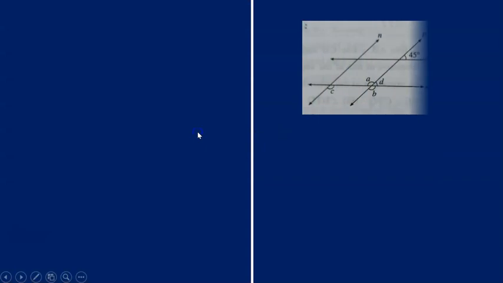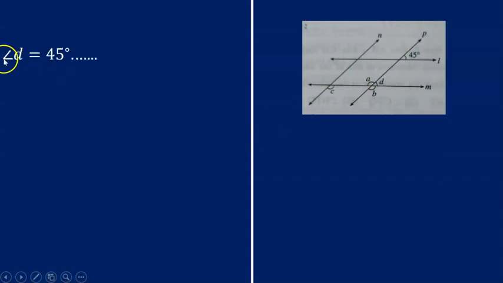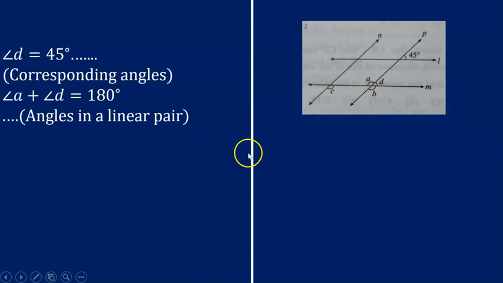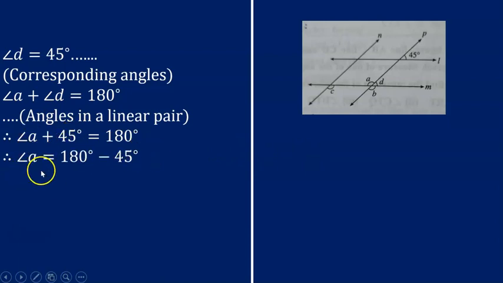Now we'll find out one by one. See this figure. The measure of angle D is equal to 45 degrees as they are corresponding angles. A plus D is equal to 180, and we know the measure of angle D, which is 45. Measure of angle A plus 45 is equal to 180. Therefore, the measure of angle A is equal to 180 minus 45.